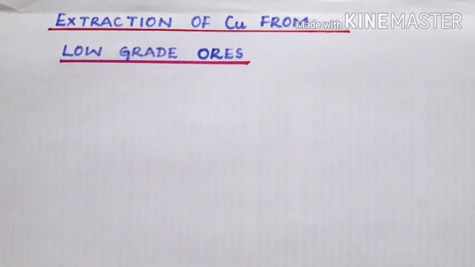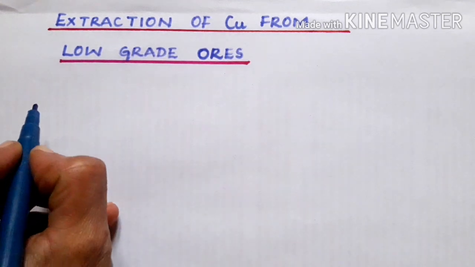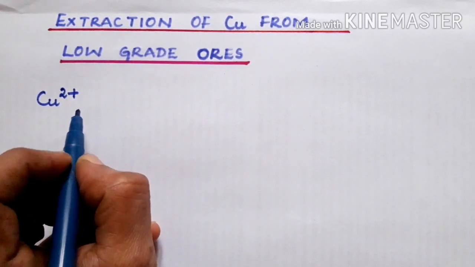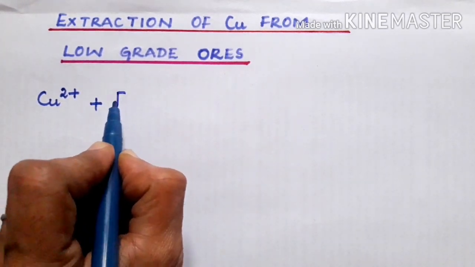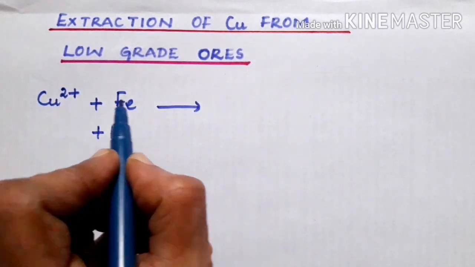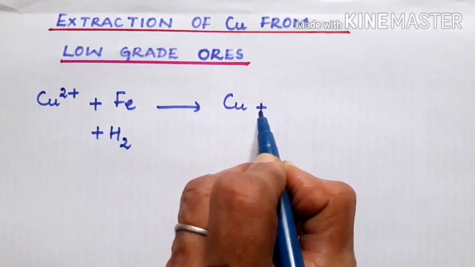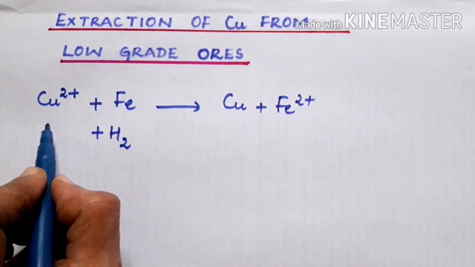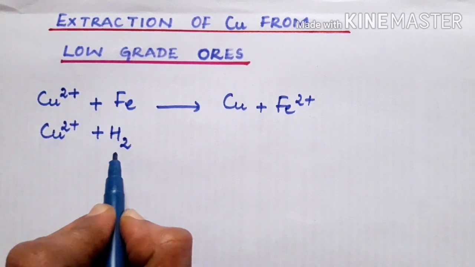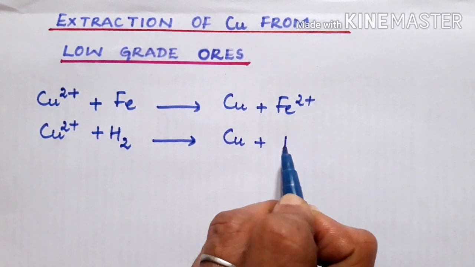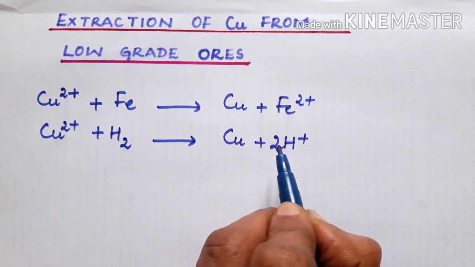First, the ore is leached by a suitable acid so that the solution containing Cu2+ will react with either iron or hydrogen to form the metal copper plus Fe2+. Whereas in the case of reaction with Cu2+ and hydrogen, the products formed will be copper plus hydrogen ions.